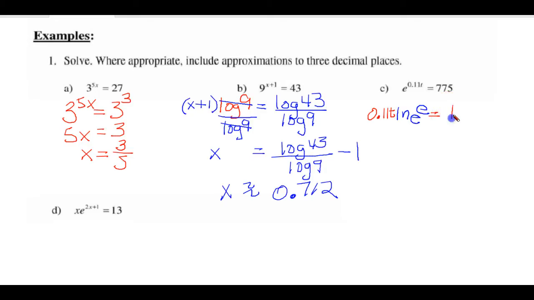And this will be natural log of 775. Now, we had said when we have the natural log base e of e, this part just becomes a 1. And we have then on this side 0.11 t equals natural log of 775.